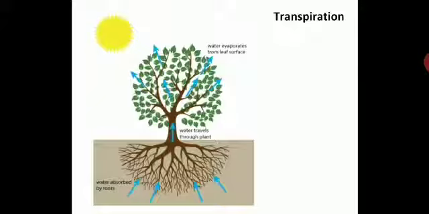And on a summer day, evaporation becomes easier, because due to heat lots of water gets evaporated from the leaves. So just have a look at this diagram to understand the concept of transpiration.